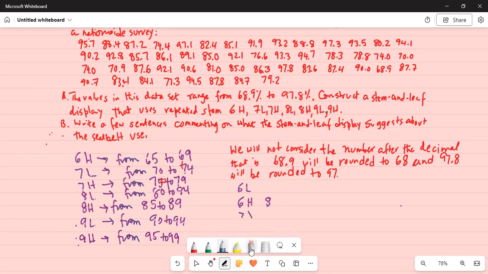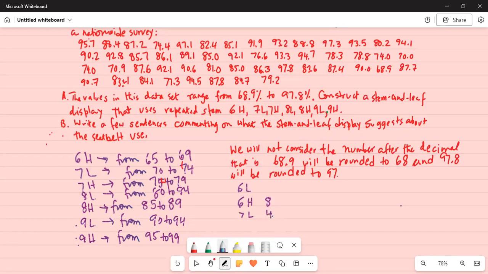So let me erase that. So 7 low I'm looking for. I'm in the first row. Yes, there is a 74. So 74 is a 7 low.